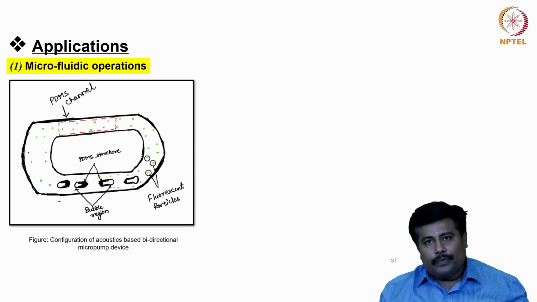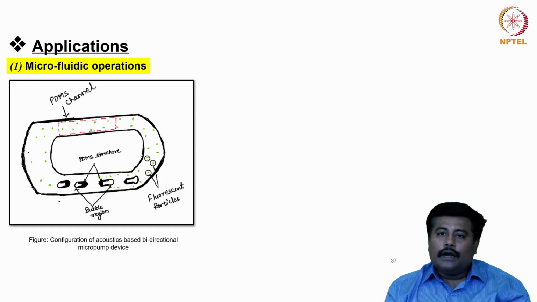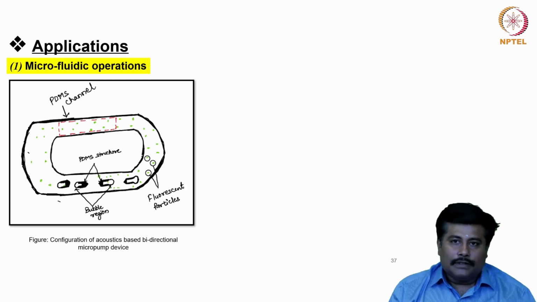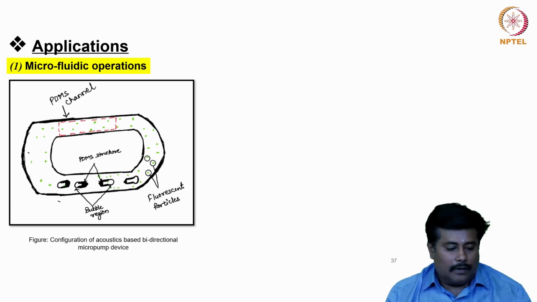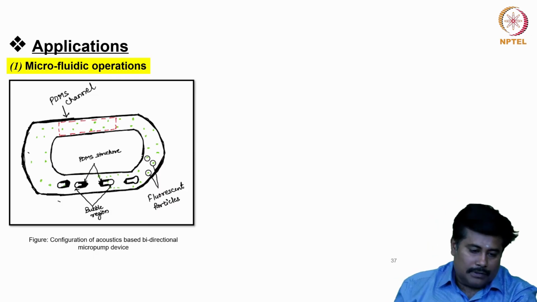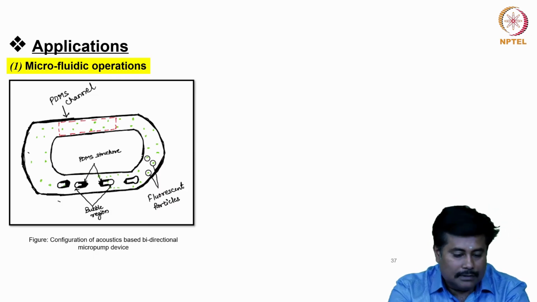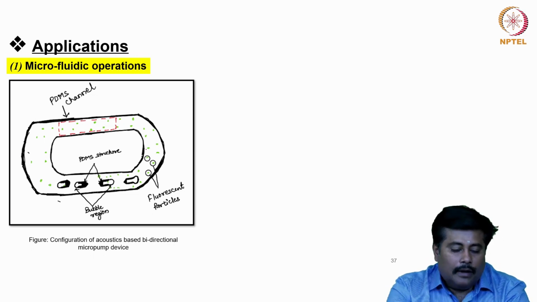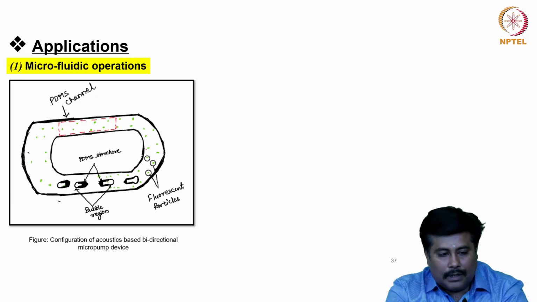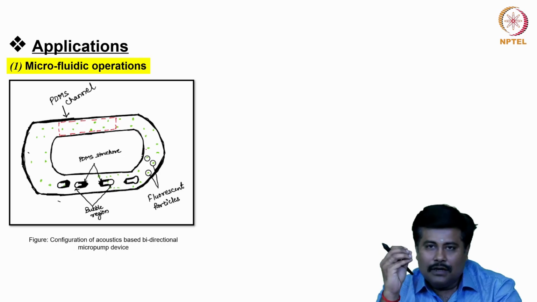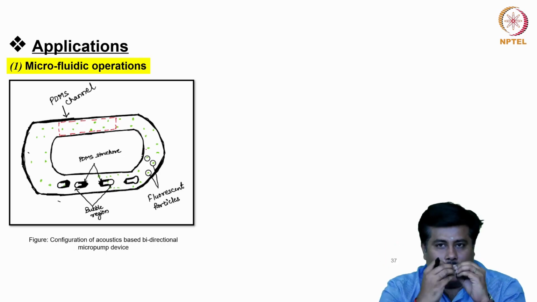Now let us see some of the applications related to this acoustic based system. One of the key applications is a microfluidic configuration. Let us consider a PDMS structure or a PDMS channel which is placed, and here there are some fluorescent particles. The main motto of this structure is that the fluorescent particle has to reach a particular portion and stick onto some layers.